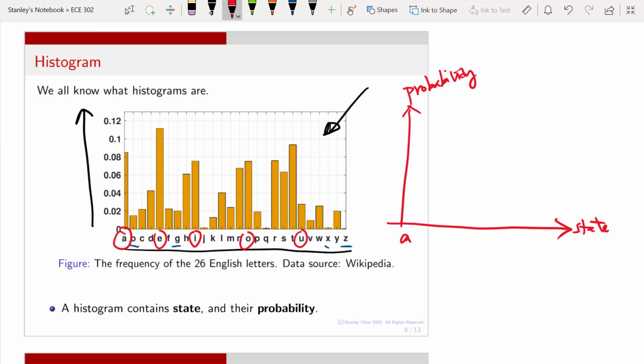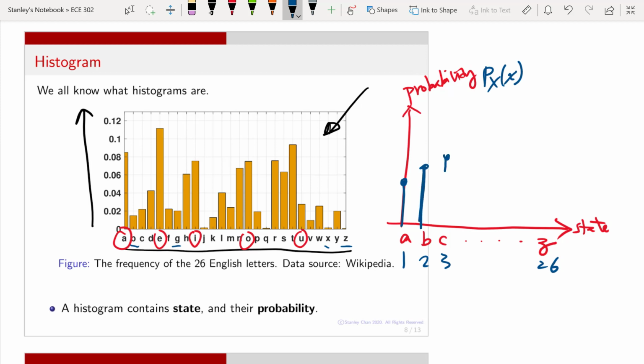So here it will be all the possible alphabets. Now, if you apply the mapping, you can map this to 1, 2, 3, all the way to 26. How about the y-axis? This is just p_X of small x.